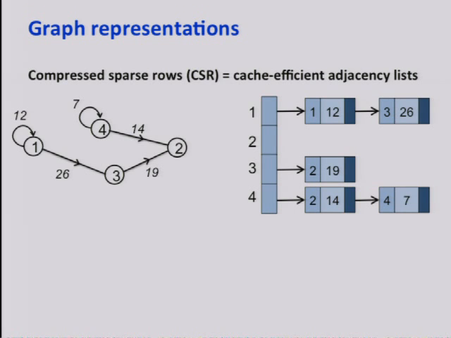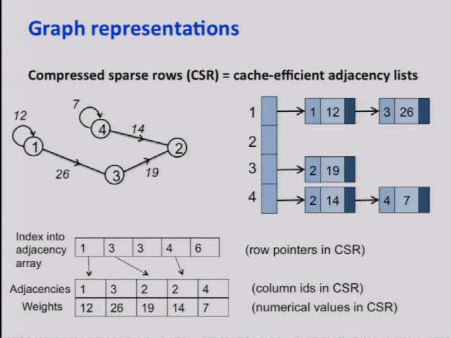So take 4, there is an outgoing edge to 2, weighted 14, and there's an outgoing edge to 4 itself, weighted 7, something like that. But let's see how a compressed sparse rows kind of data structure actually looks like.